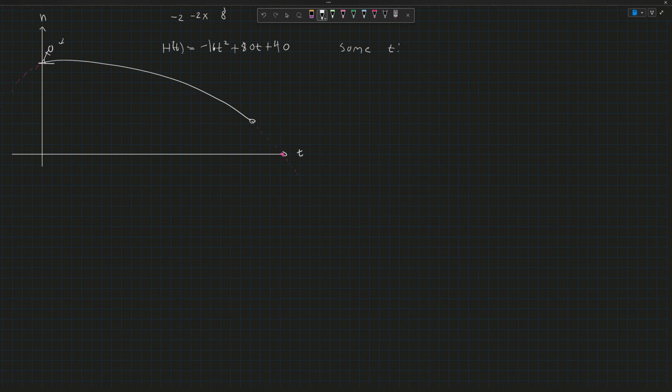We don't know what that some t is, but we want to essentially find when the height is equal to 0, right here. So we want the height to be equal to 0.